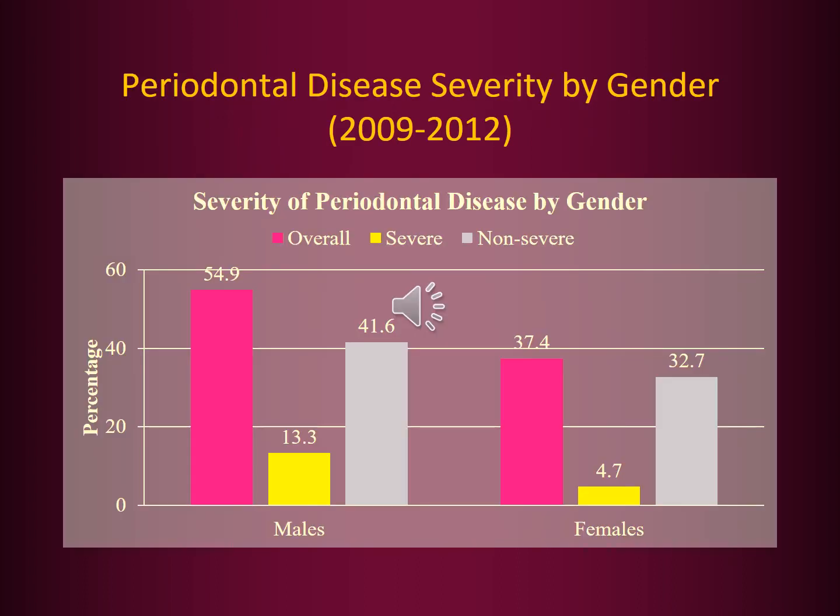The take-home message from this slide, showing periodontal disease by severity and gender, illustrates that males have more periodontal disease in all categories, overall severe and non-severe, than females.